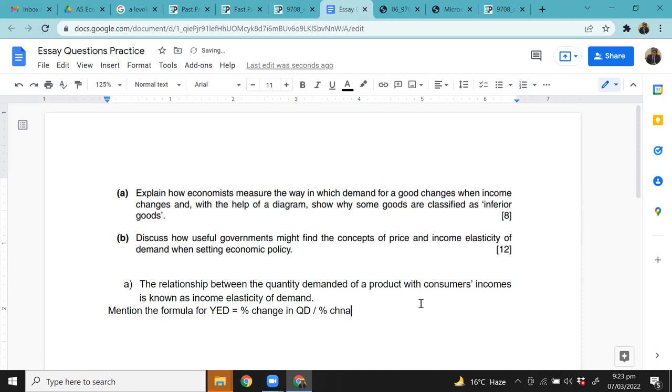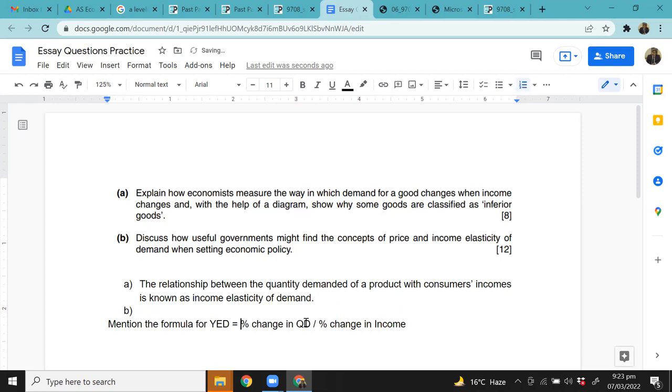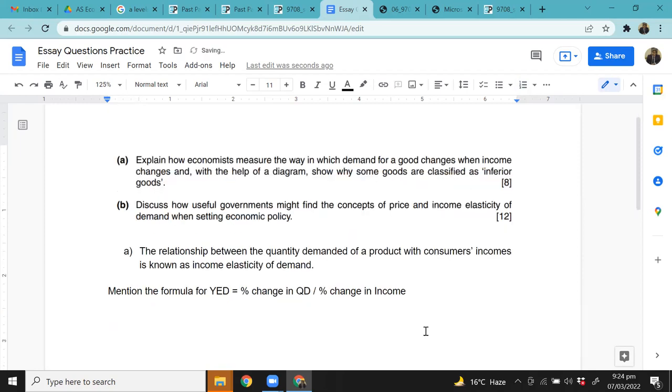Now, what this calculates is basically how much will be the change in demand for a good due to change in its income. That's what it shows. That's what income elasticity of demand is. Any confusion so far, students? Right? Is this making sense? Okay. Then you will say, right?